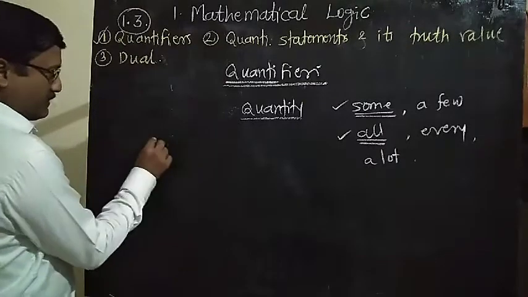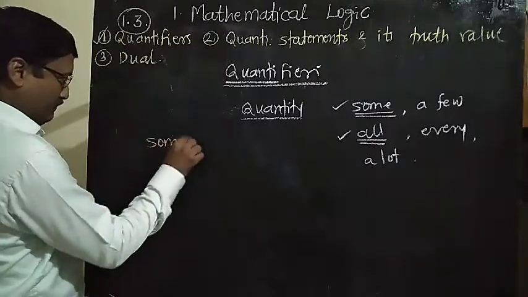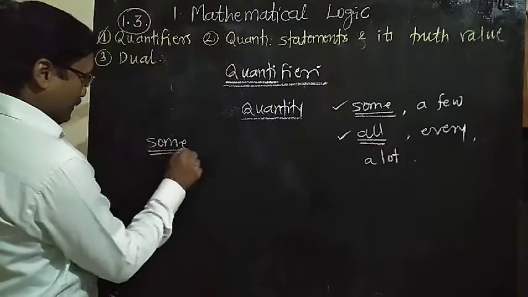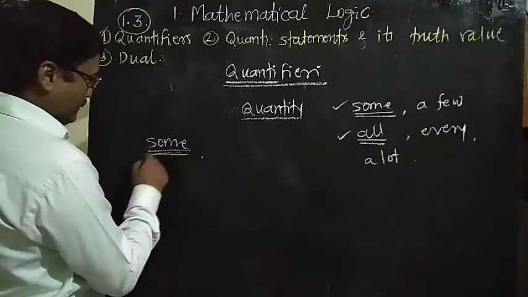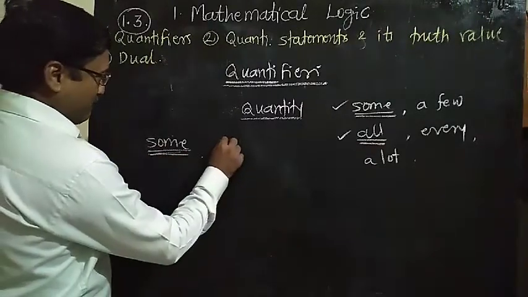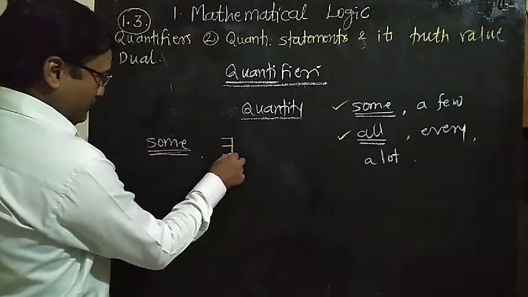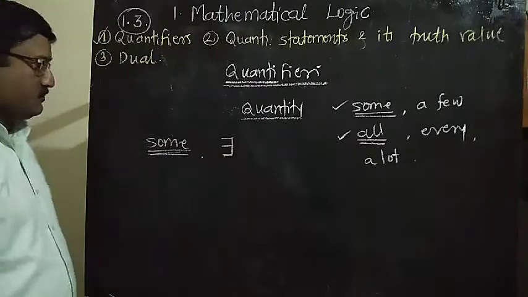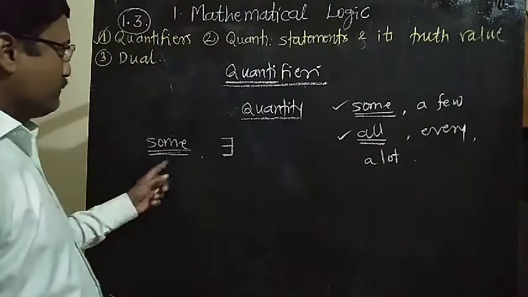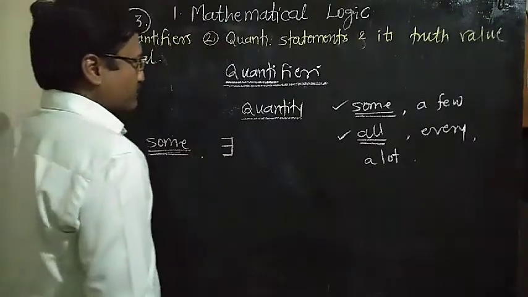Some is denoted by the symbol backward E. Backward E is used to represent some elements of a collection.